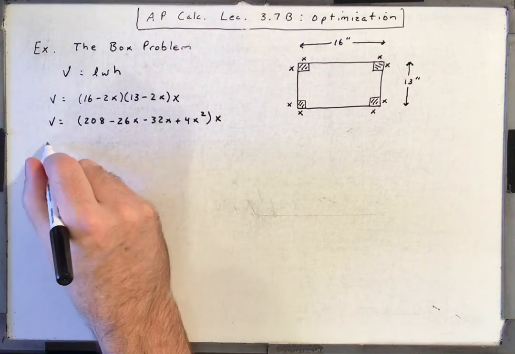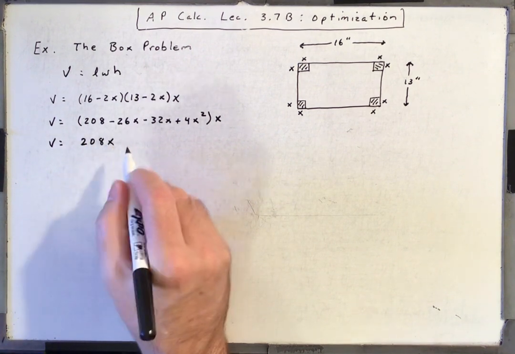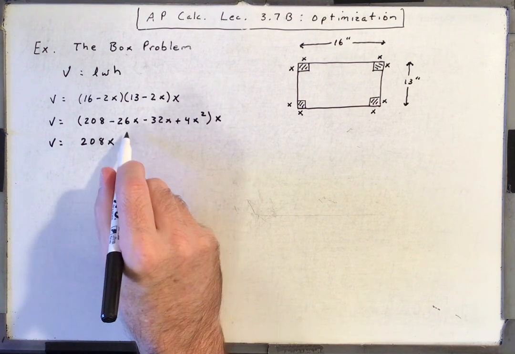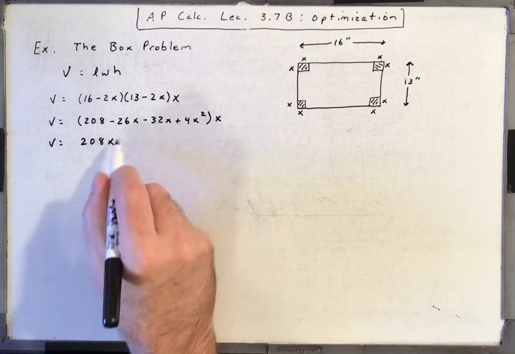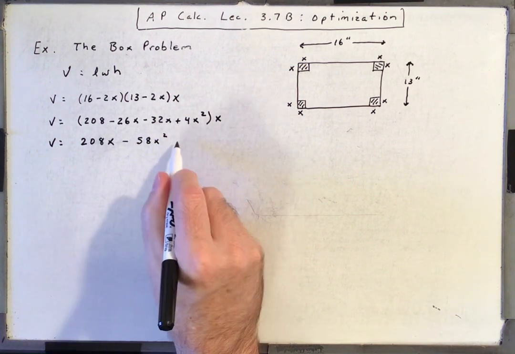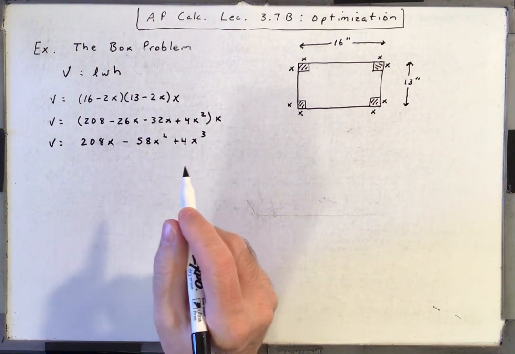Now let's distribute the x, and we have volume equals 208x minus 58x squared plus 4x cubed, since 26 plus 32 is 58.